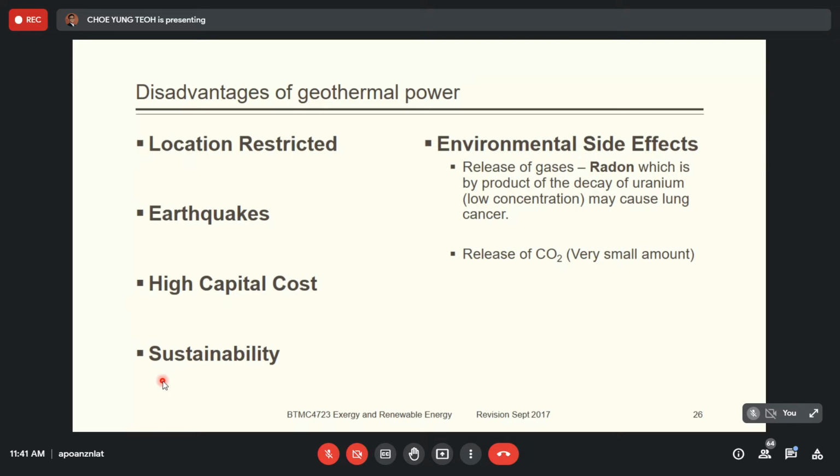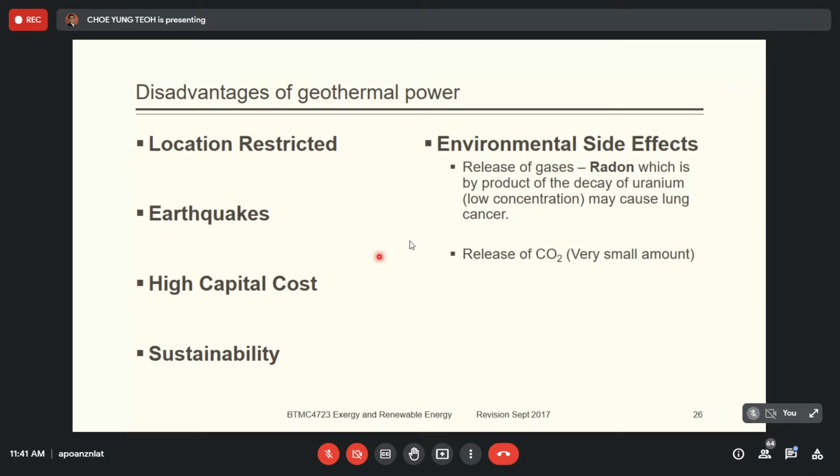One is the sustainability of the heat, one is the sustainability of the water. You do not want to make the geothermal reservoir dry. You need to always have water. So the water must be sustainable, and also the heat must be sustainable.